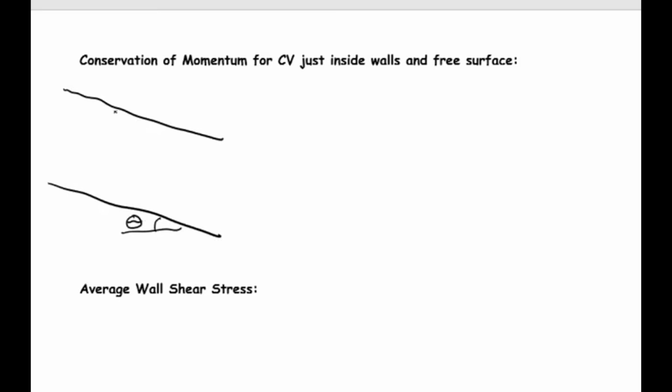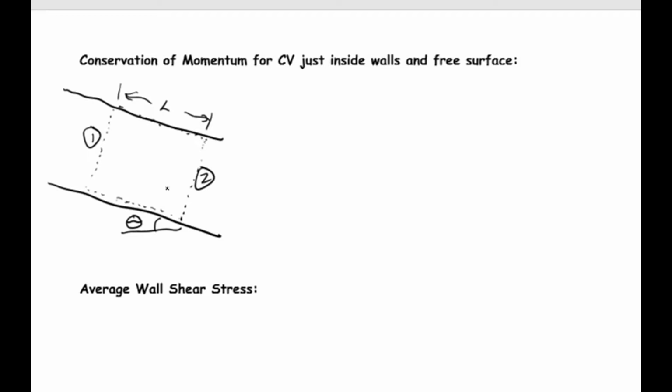And what we're going to do, since we want to find shear stress, we are again not going to cut right through the surface. We're going to leave our control volume right inside the bottom here. So here we're going to call this length. We're going to call this our inlet, this our exit.